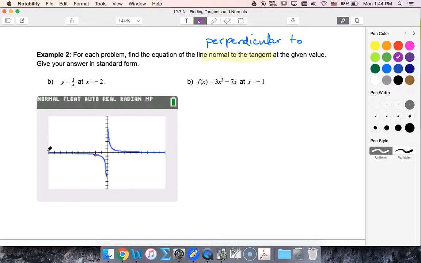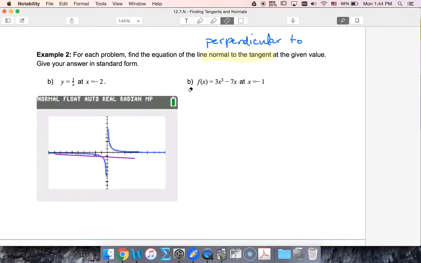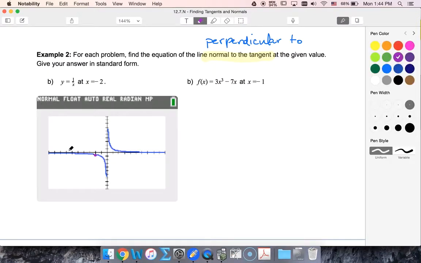So at this point, if I thought about a tangent line, it would look something sort of like this, except more at an angle. So let me try that again. So something like that. The normal is going to be perpendicular to that. So I'm going to have something sort of like this. So I need it to be 90 degrees and go through that point. So here's the equation of the line I'm looking for.